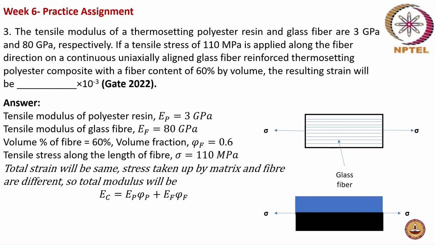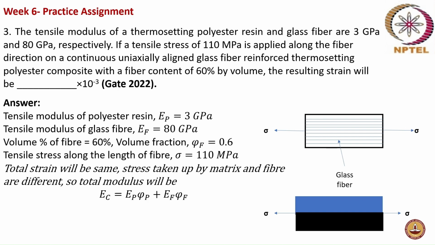Now can you calculate and say what the composite modulus will be? It will be 0.3 times 0.4 plus 80 times 0.6.